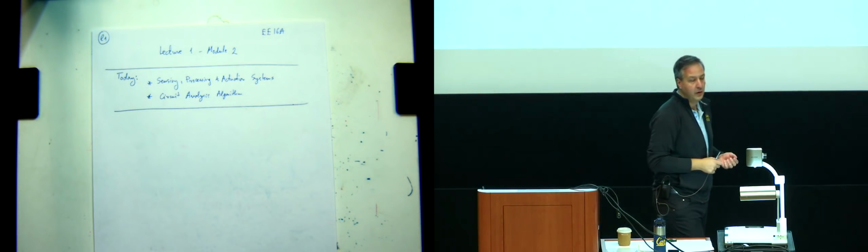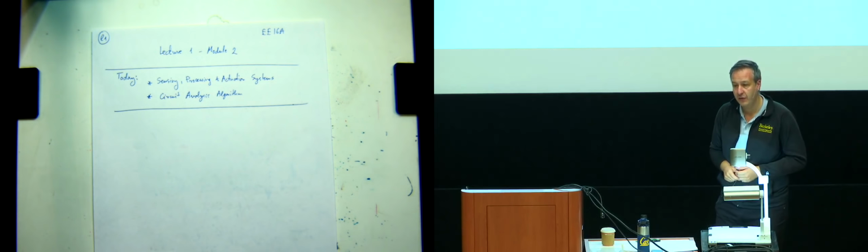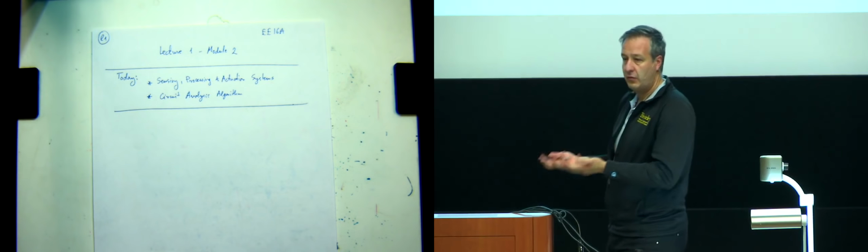So let's talk a little bit about what Module 2 is all about. This is not really a circuits module, like how people normally call it. This is essentially a way of thinking about how to build systems that interact with the real world: systems that acquire information from the real world, do some processing on that information, and then do something.